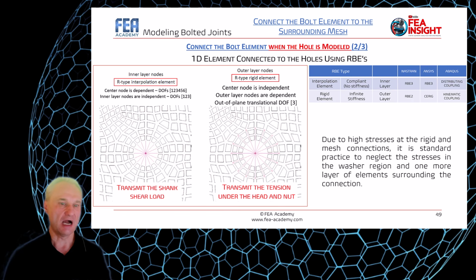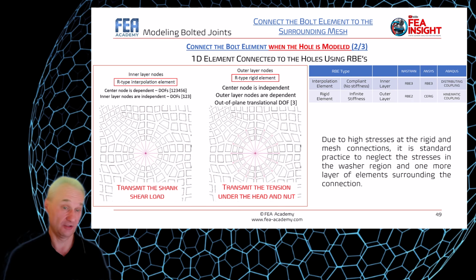Due to high stresses at the rigid element mesh connections, especially in the out-of-plane degree of freedom, it is standard practice to neglect the stresses in the washer region and one more layer surrounding the connection, because here you are going to have an excessive stiffness due to the rigid element.